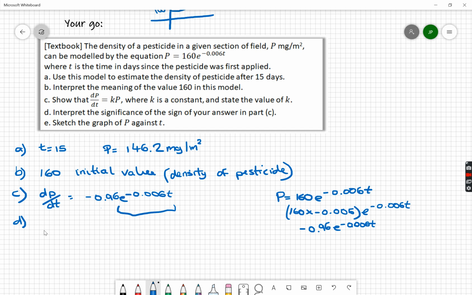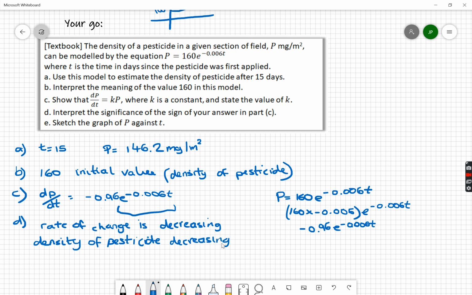That means my rate of change is decreasing, which must mean my density of pesticide is decreasing. Okay, so this is an exponential decay rather than a growth. So it's going down each time.